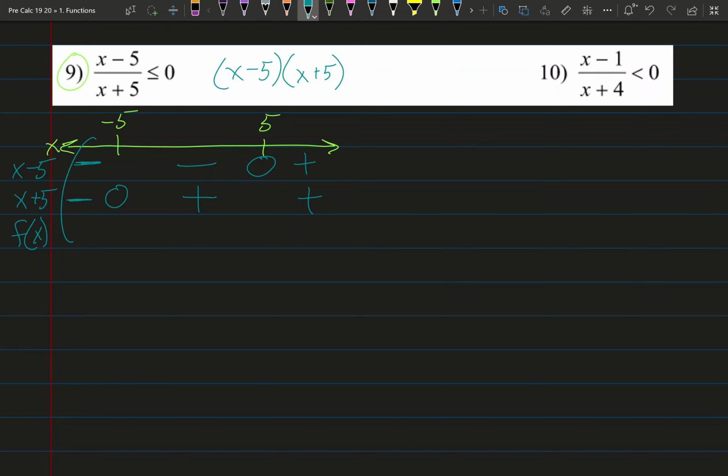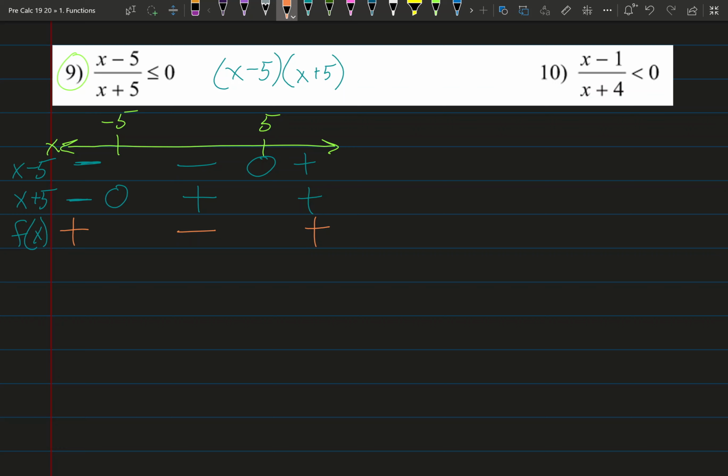So when we're trying to find our f of x row, negative divided by a negative over here is going to be a positive. Negative divided by a positive or positive divided by a negative, it doesn't matter which order you write the rows in, is going to be a negative. Positive divided by a positive is going to be positive. This step is going to be the same for polynomial and rational inequalities.